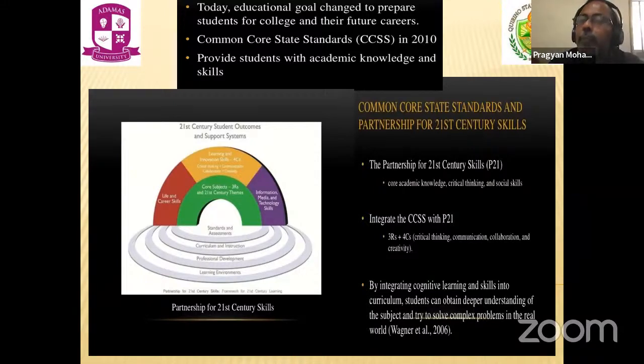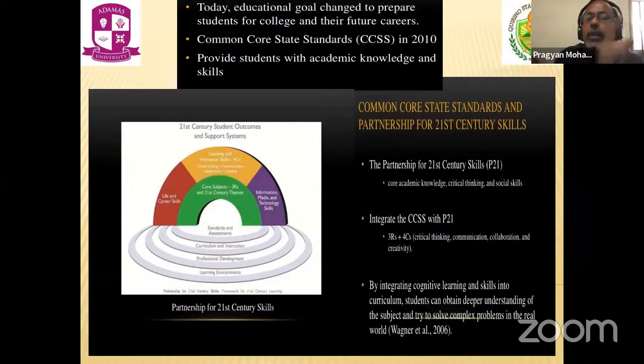So it's very much clear: direct knowledge is necessary, but it is not the only thing for learning. The main focus is the development of skills. There is a power of critical thinking, power of communication, collaborating approach, and utilizing divergent thoughts in the lesson that are necessary. So this integration is done in the 21st century curriculum framework.